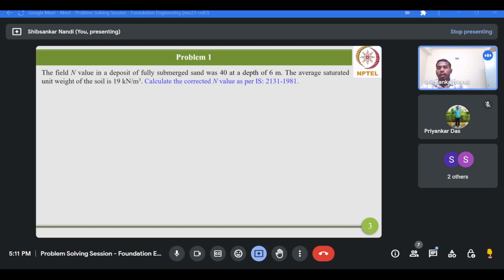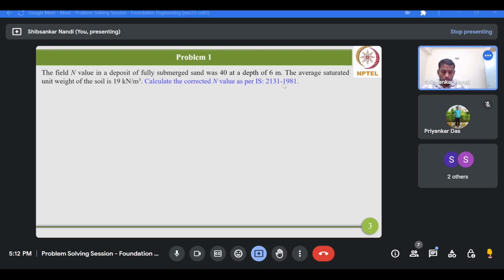The field N value in a deposit of fully submerged sand was 40 at a depth of 6 meters. The average saturated unit weight of the soil is 19 kilonewton per meter cube. Calculate the corrected N value as per IS 2131-1981.